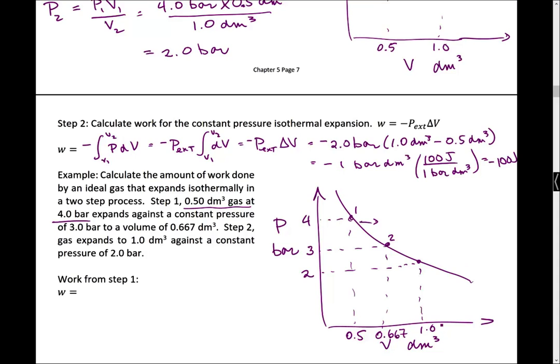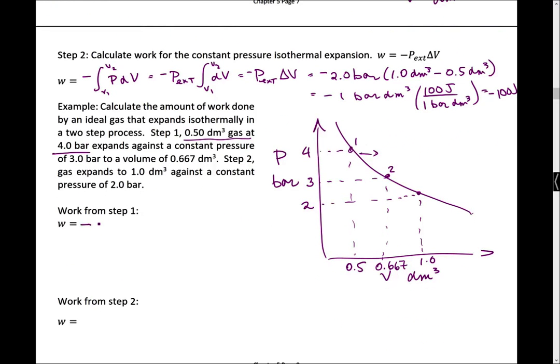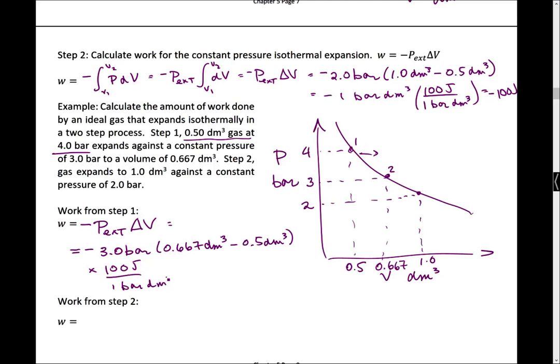So work for step 1 is going to be given by minus P external times delta V. In this case, that's going to be minus, our external pressure was 3 bar, and our delta V will be 0.667 decimeters cubed minus 0.5 decimeters cubed, and then I'm going to multiply that by 100 joules over 1 bar decimeter cubed.